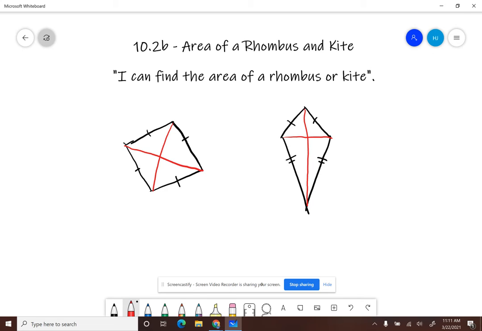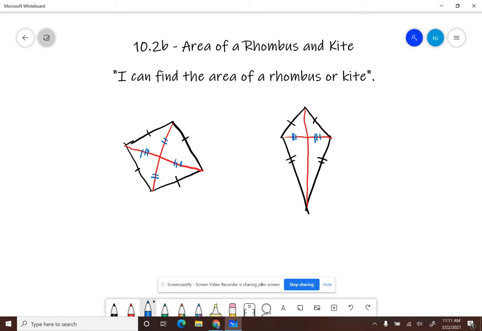So when we're talking about the diagonals here of this rhombus, then we understand that this here is going to be the same exact length as this one. And likewise, this one is going to be the same length as that one, okay? So it actually bisects those into two equal parts. And then the other thing that happens here, and actually this happens over here with the kite on this particular portion. Remember, the long diagonal bisects the short diagonal.